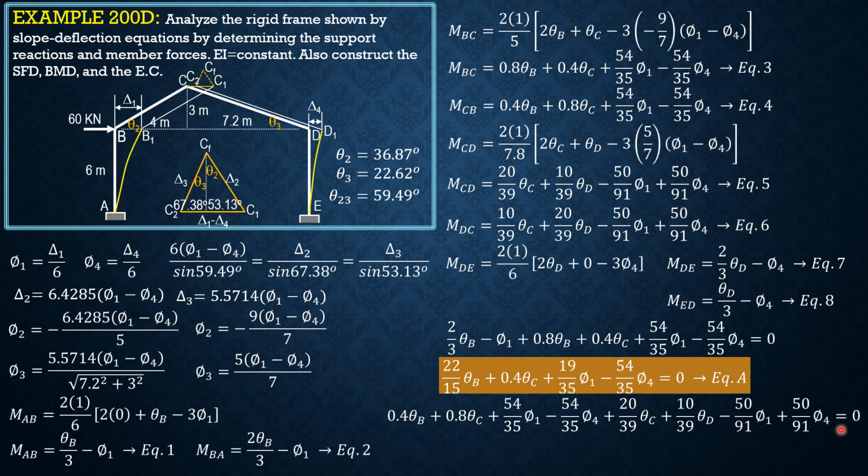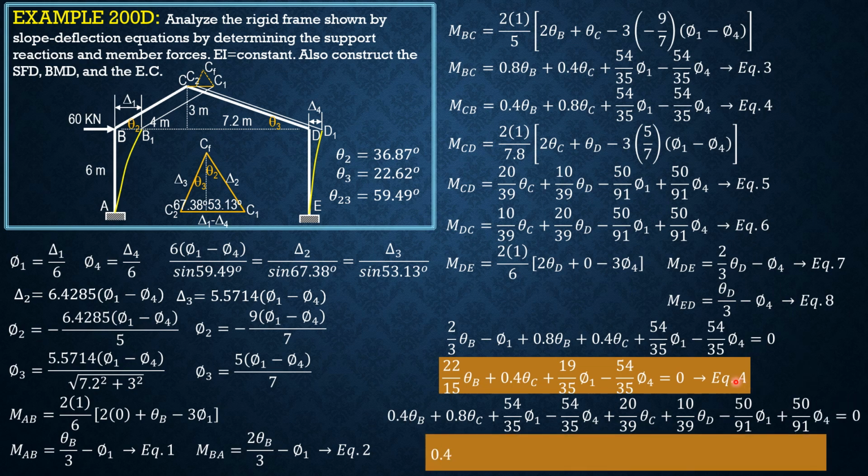Combining like terms and then setting up equation B, we have 0.4 theta B plus 256 over 195 theta C plus 10 over 39 theta D plus 452 over 455 P1 minus 452 over 455 P sub 4 equals 0. Call that equation B. And let's continue this on the next slide. Let's have equilibrium at joint D, MDC plus MDE equals 0.